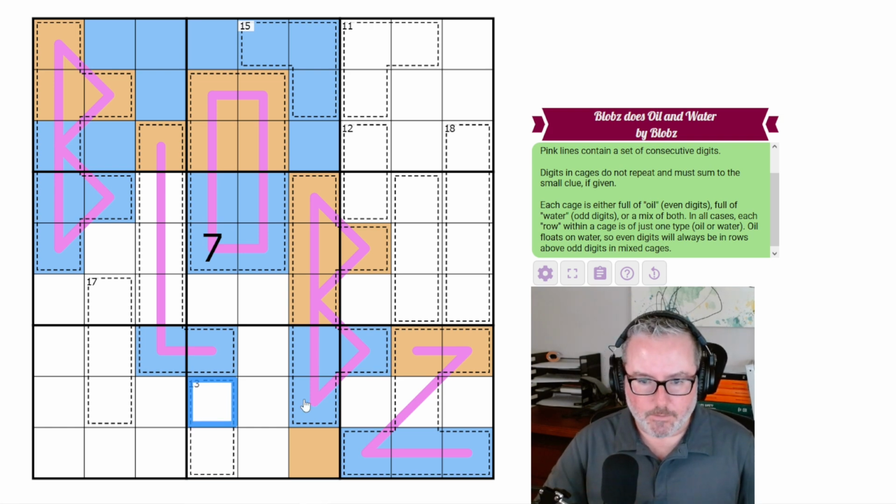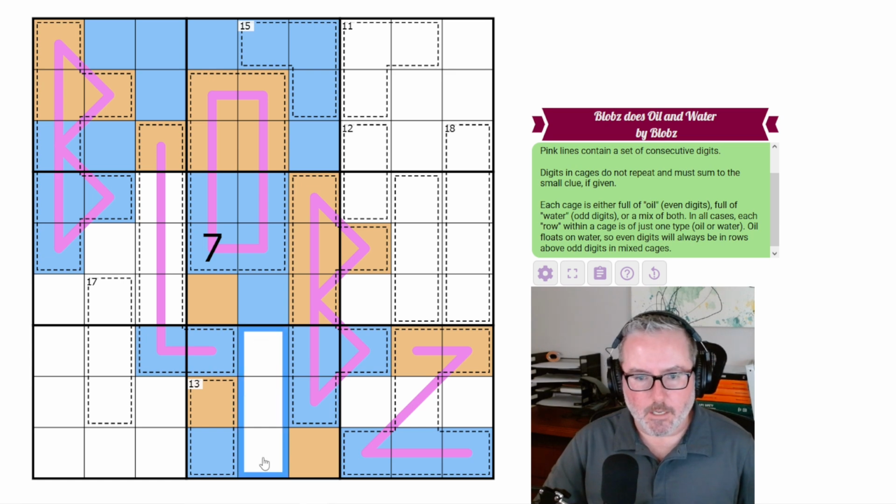So if we know it's 1 of each, we know the even's high, the odd is low because of oil and water. Now, in this region, well, actually, let's look at this guy first. This one has to be an even oil, which then finishes this region, which means this is an odd. Now in here, we know we'd have 2 more even oils and 1 more odd water.